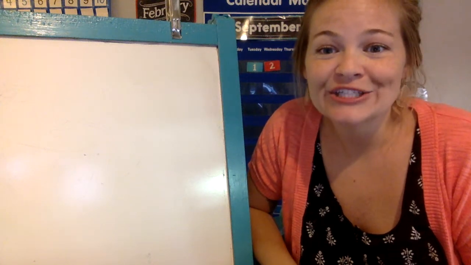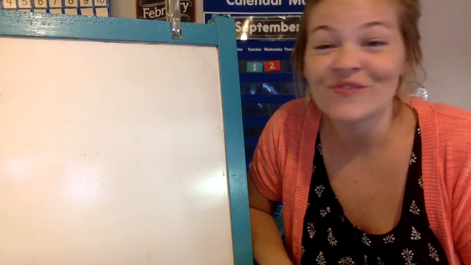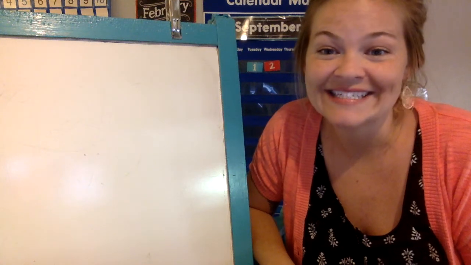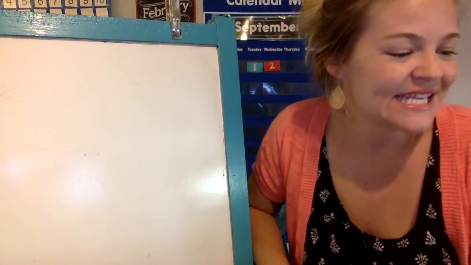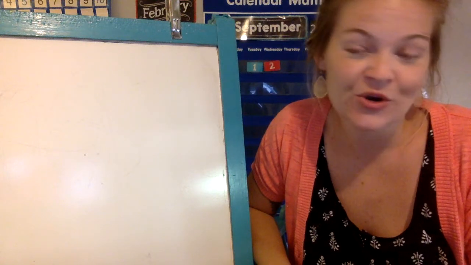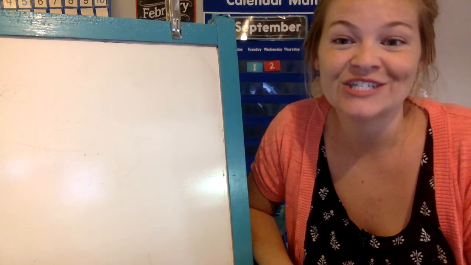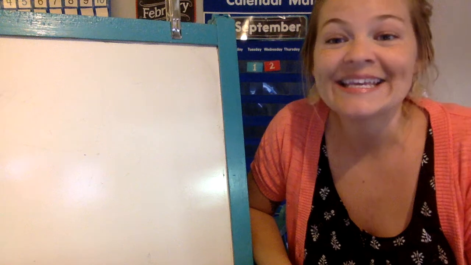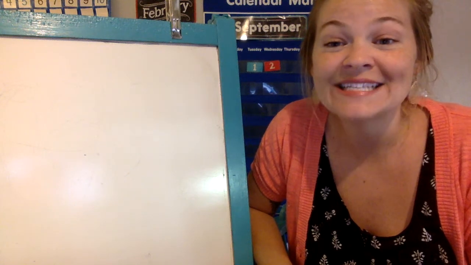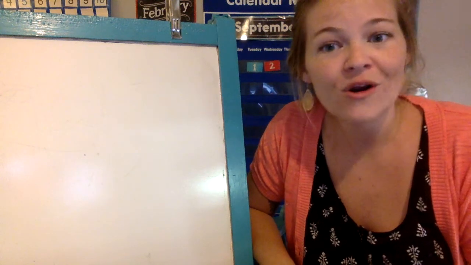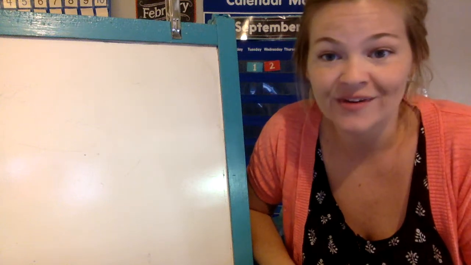You could do a tally chart of what their favorite vacation was that you've ever taken together. Another example is what your family's favorite thing to do on the weekends is. Okay, those are all examples of what you can do, or you can come up with your own, okay?